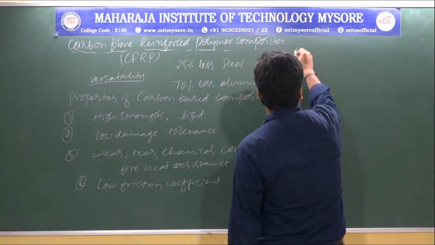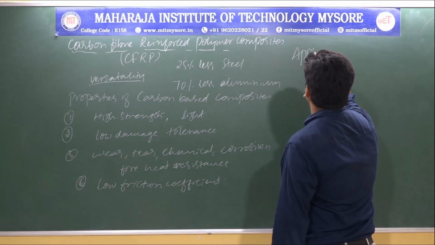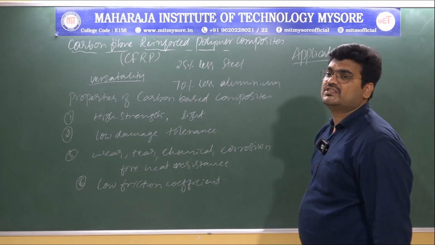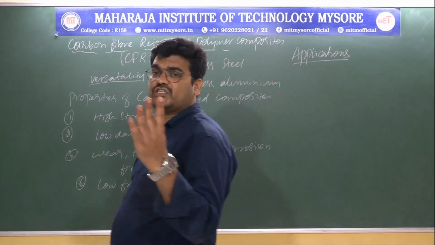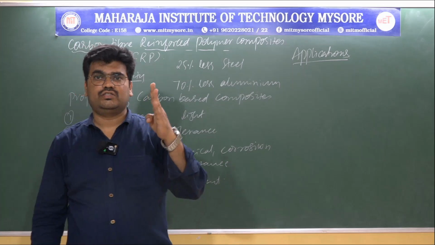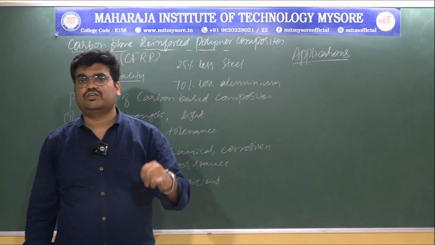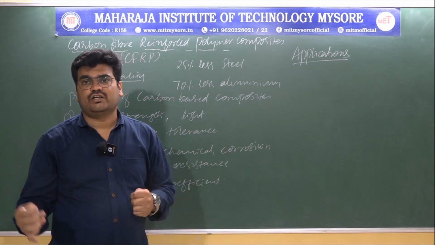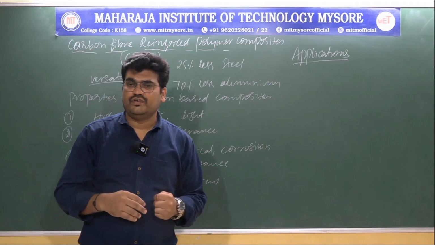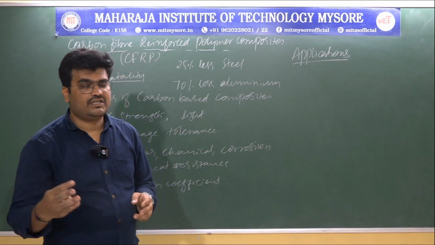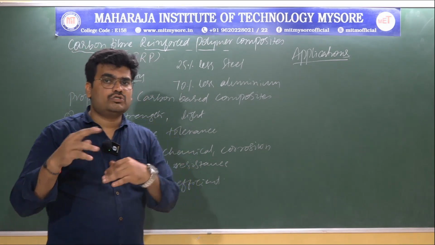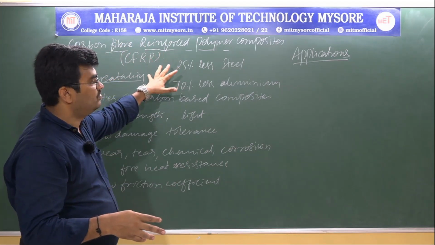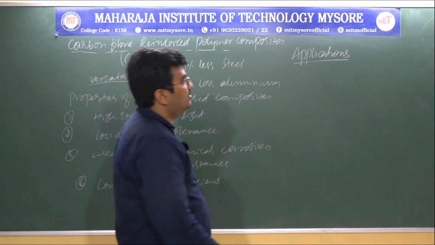And coming to the applications, as I already told, these composite materials find applications in advanced fields such as construction, thermal engines and blades, automobiles, aircraft, military, rockets, missiles, satellites, electronics, biomedical, and packaging fields. If you go more specifically with respect to carbon fiber reinforced polymers, you can list some applications.